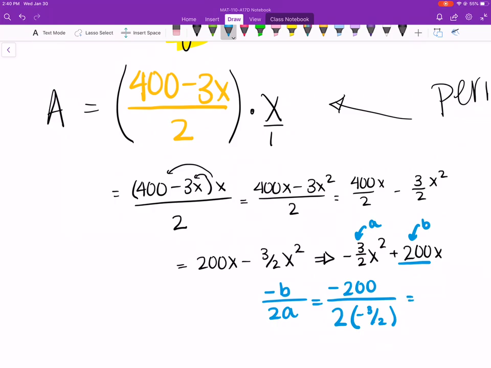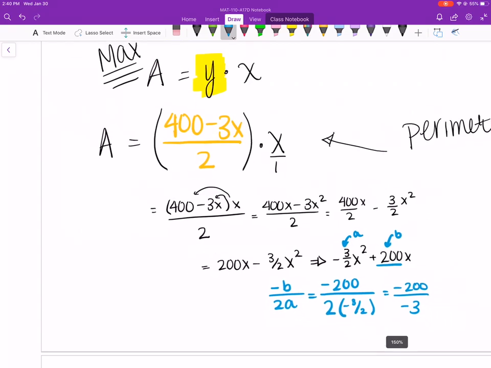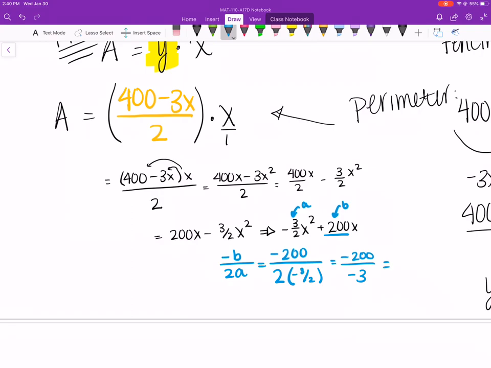You can either do it in your calculator or do it in your head. 2 times negative 3 over 2 is going to give me negative 3, divided into negative 200. 200 divided by 3 doesn't go in evenly, so you can write it as a decimal, which will give me 66.66666. So I'm just going to say 66.667, round to 3 decimals.